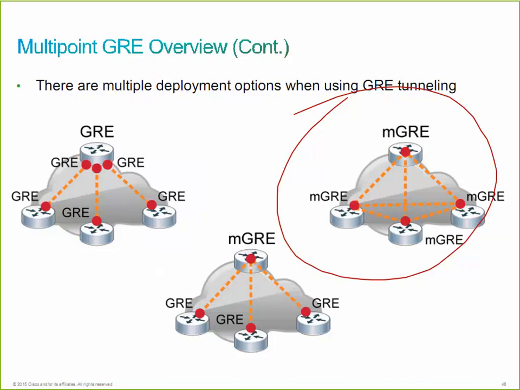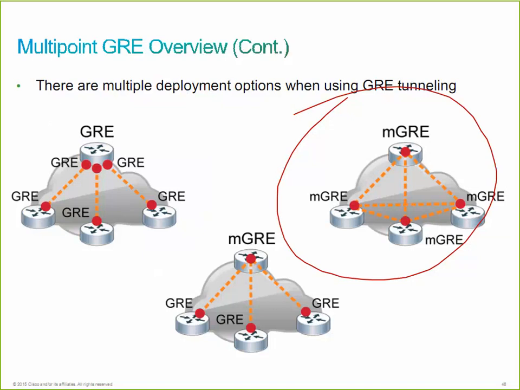All right, so we would have separate multipoint GRE interfaces on each device. Of course, we run NHRP on all those devices, but the benefit of this is we have site-to-site connectivity, the ability to communicate site-to-site, and we don't have to necessarily route traffic through the hub to get from one spoke to the other.